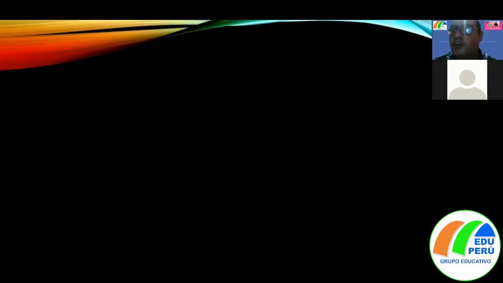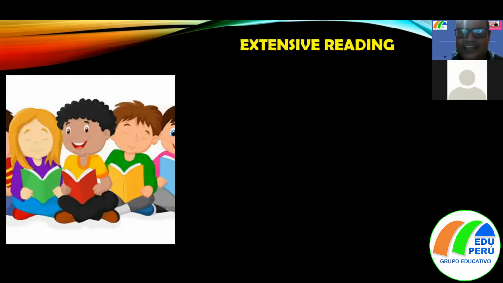And as you saw in the diagram in the chat before, silent reading is divided in two, right? In extensive and intensive reading. So let's start talking about one of them, extensive reading. What is extensive reading?